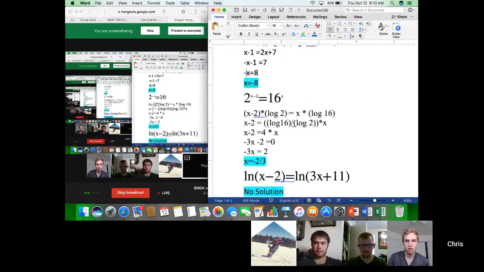So same thing here. So yeah, when you take the two logs, you divide 16 by 2 to get that 4.